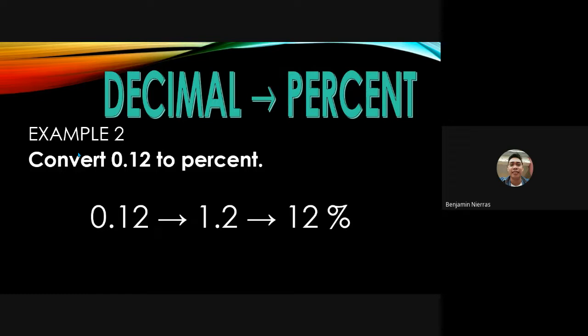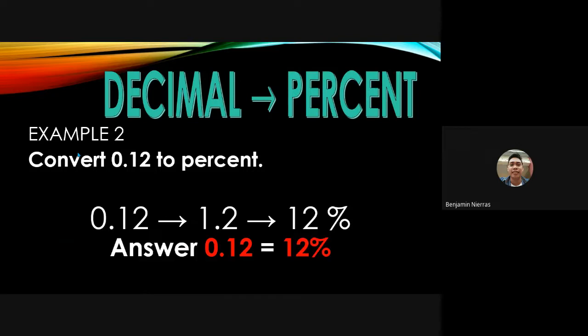Affixing the percent sign, we have 12%. So 0.12 in decimal is equivalent to 12% in percent form. Again, multiply by 100 or simply move the decimal point to the right. This is the process of turning the decimal form into percent form.